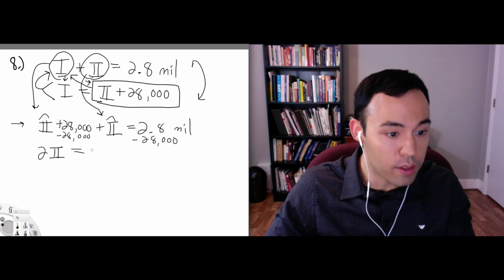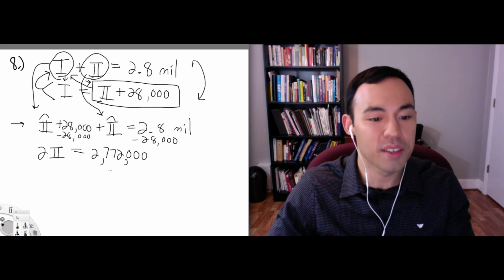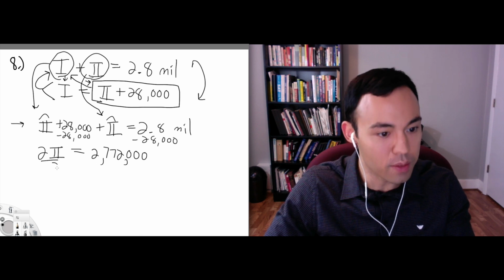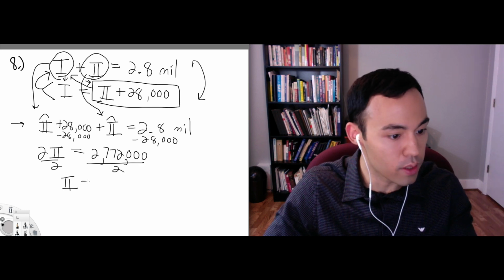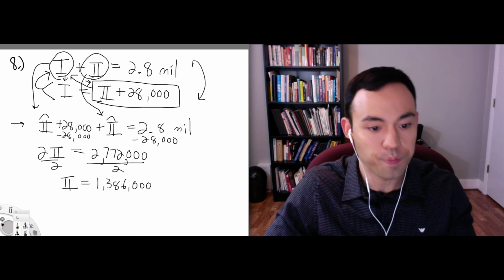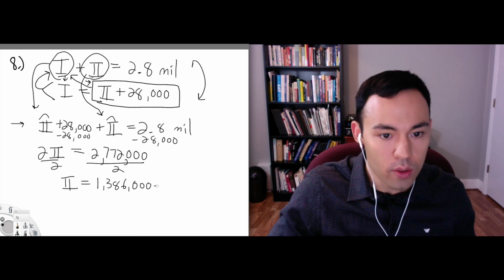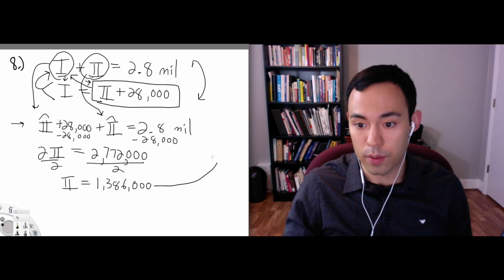This is going to be equal to, let's see, what is this number? 2,772,000, right? We're going to go ahead and divide by 2. I already stuck that on my calculator so that I could just quickly say that this is 1,386,000. Okay, now we got one of the unknowns.